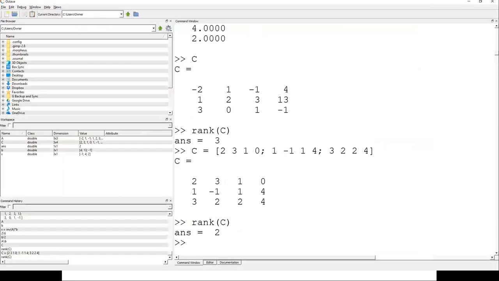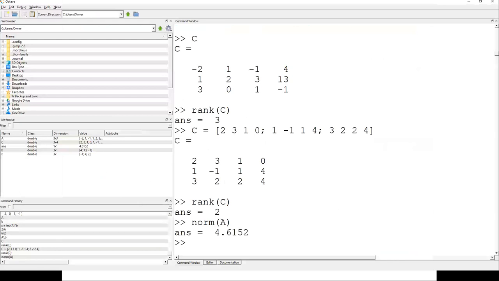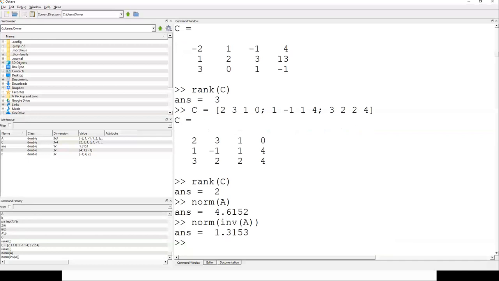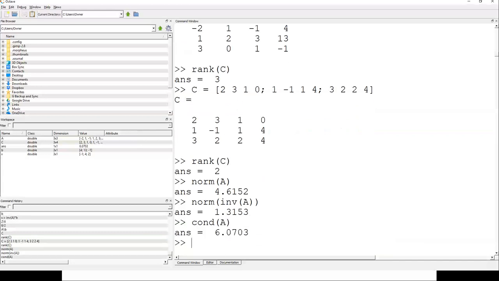So let's look at it. norm(A), that's a norm. And I can also say norm(A inverse). There's also cond(A).